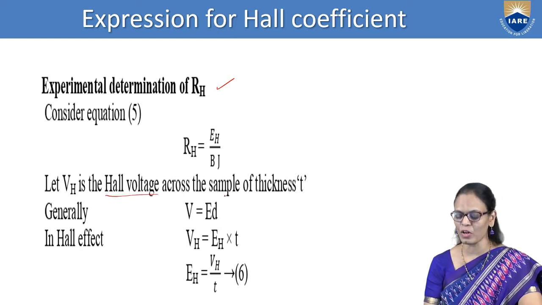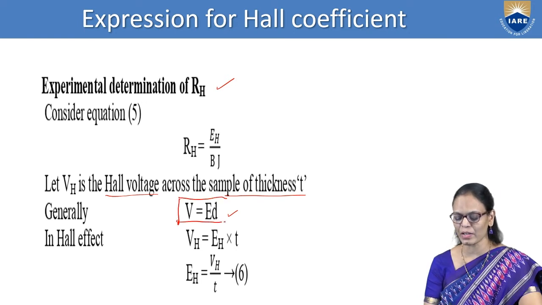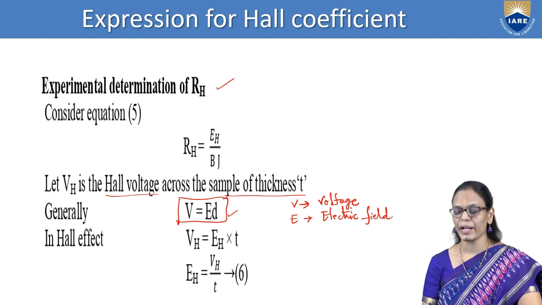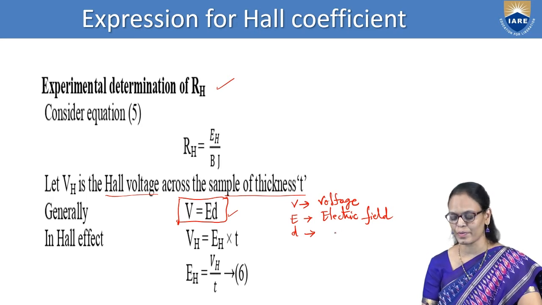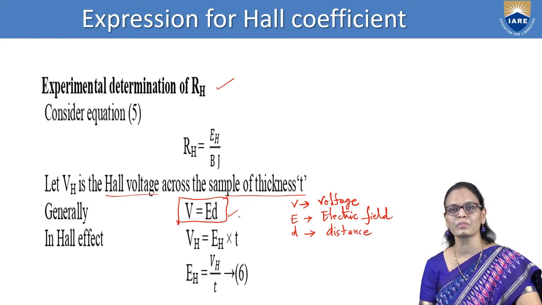We are taking a sample of thickness T. The voltage is given by E into D, a general expression where V is the voltage, E is the electric field, and D is the separation between the two plates where the electric field is developed. So I will call it distance, the distance between the two plates where there is a field. So V is equal to E into D.